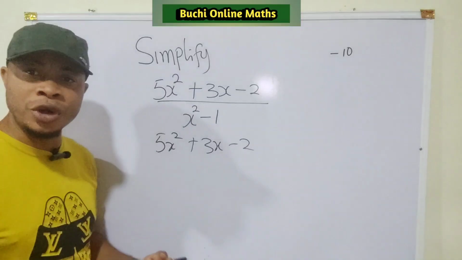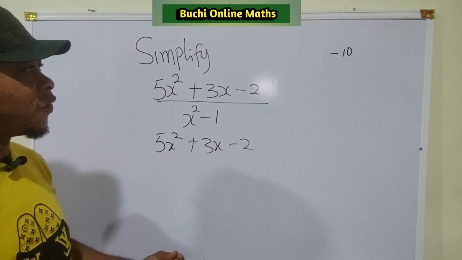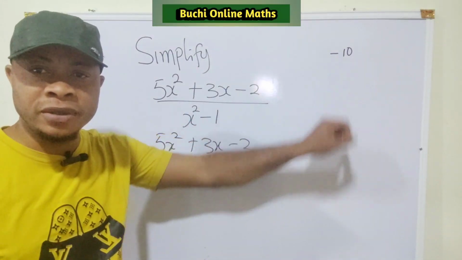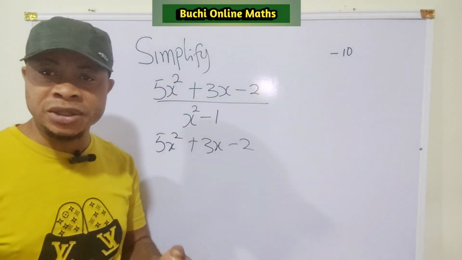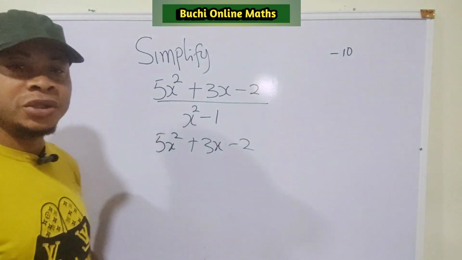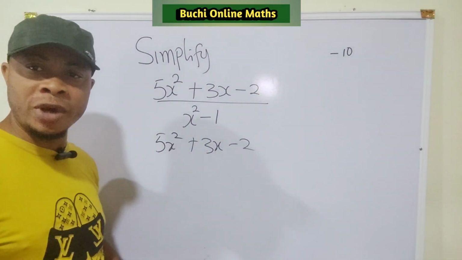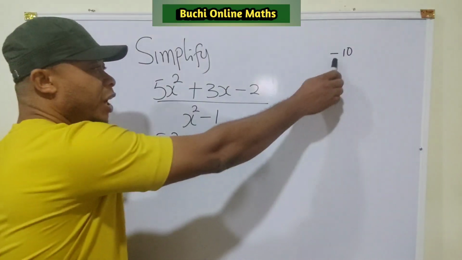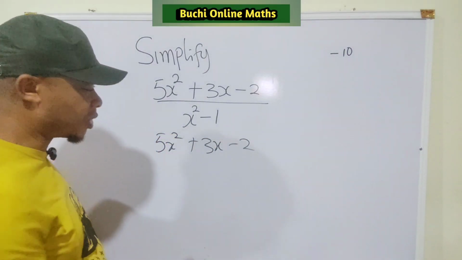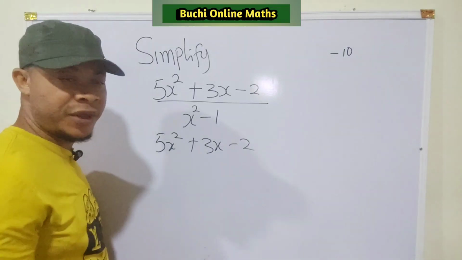Now look for two numbers such that when you multiply them, they give you −10, and when you add them, they give you +3.